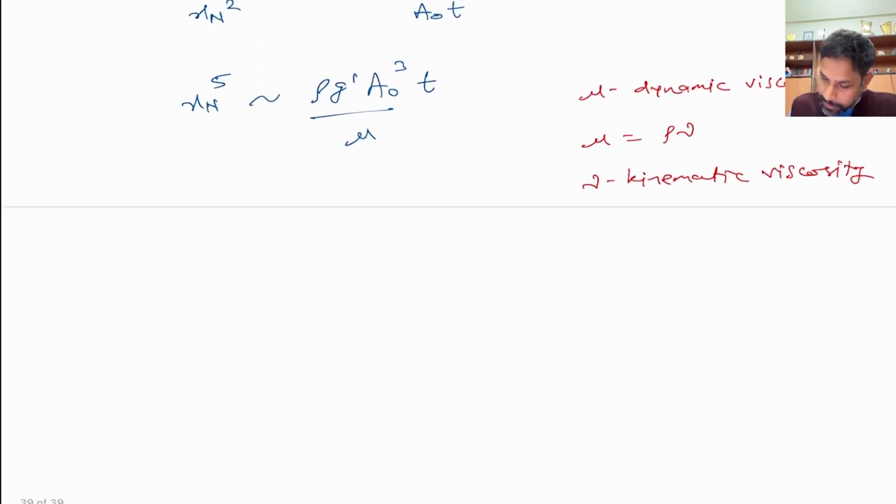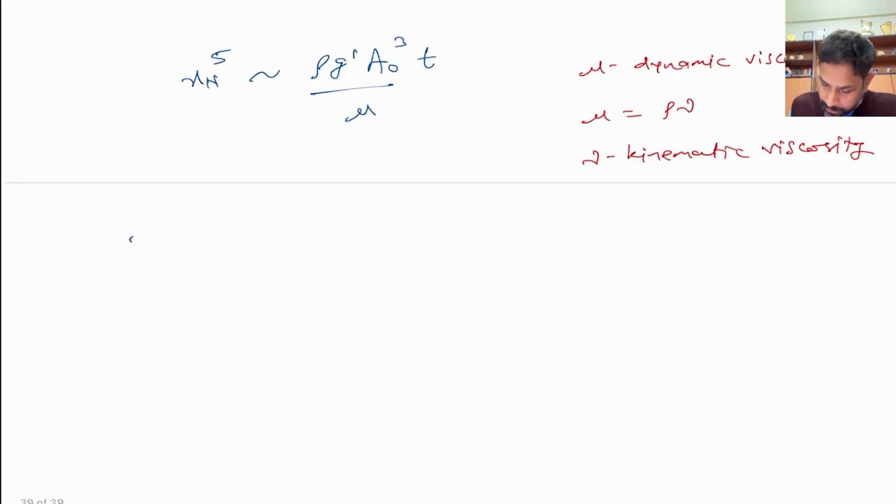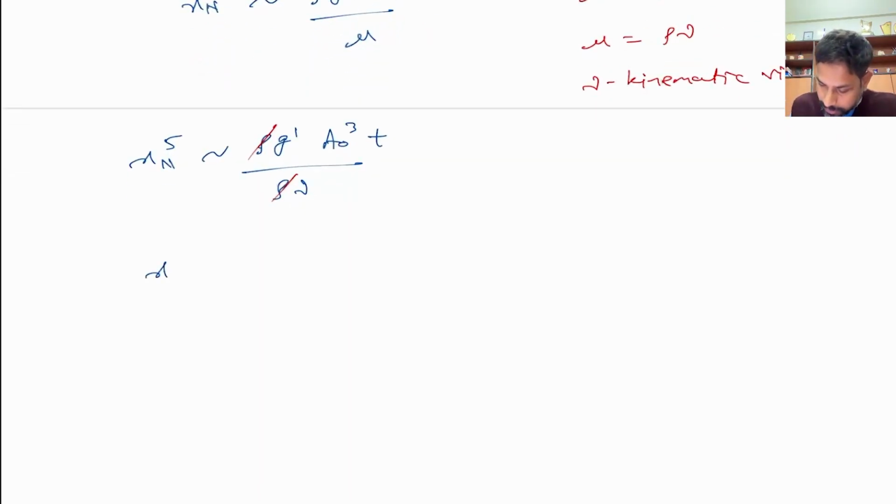So mu can be replaced with rho nu, and rho cancels with the other rho, and this gives us an equation of this form: xn to the power 5 is proportional to g prime a naught cube t over nu.